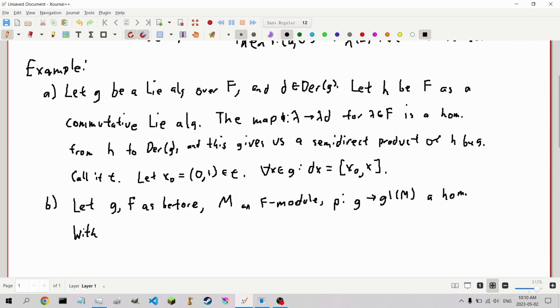Once again, we extend M to be a commutative Lie algebra. Then we just have that the derivations of M is the same thing as the general linear Lie algebra of M.